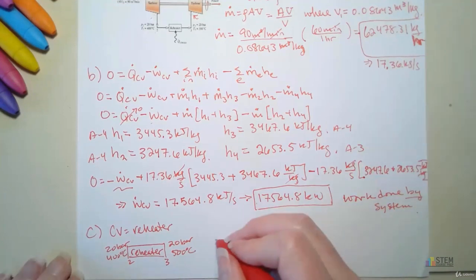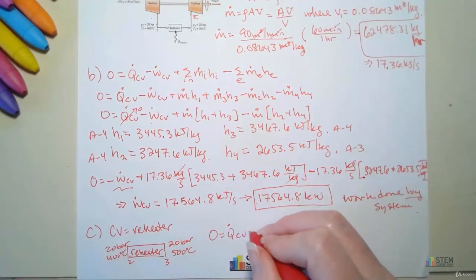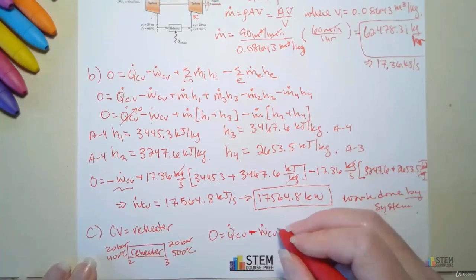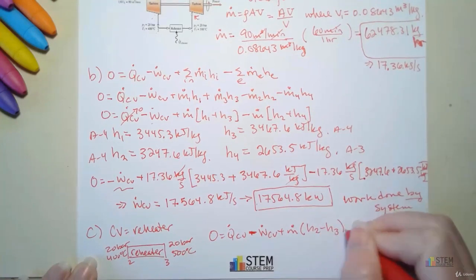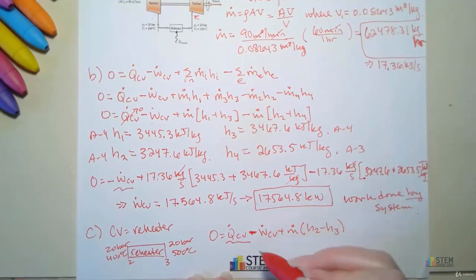Write your energy balance equation. We'll have 0 equals Q dot. Whoops, this is a minus W dot plus M dot times (H2 minus H3). And at this point, all we need to do will be plug in values. We're solving for this. Now for a reheater, does it say anything about power being required or produced?